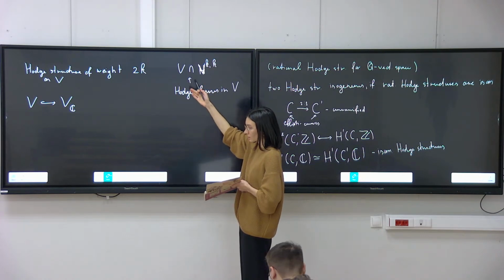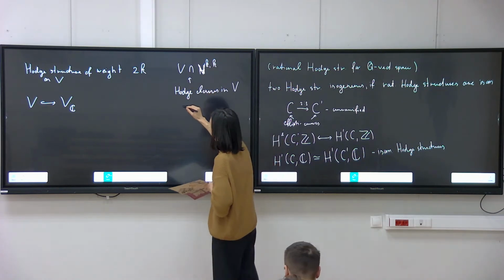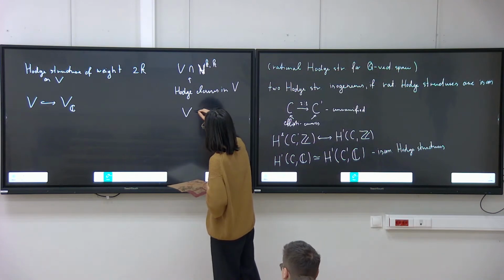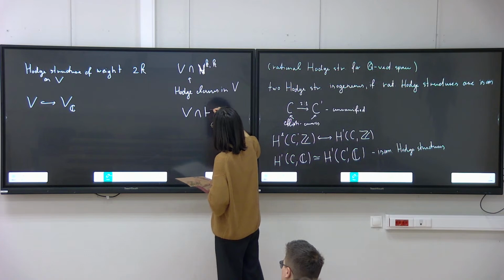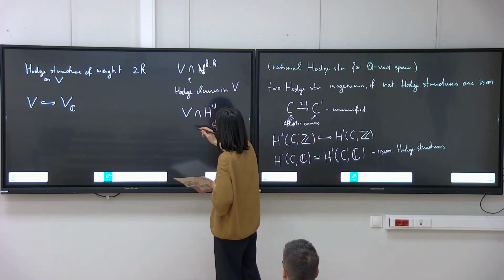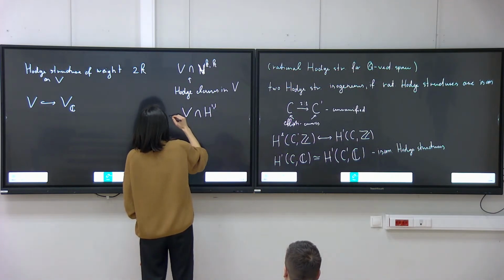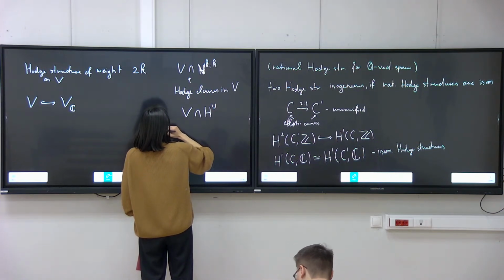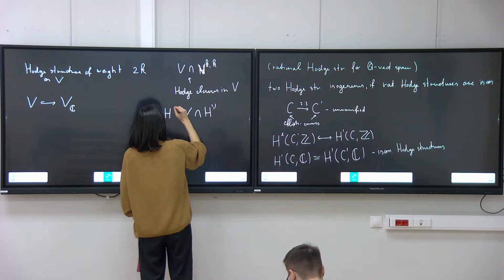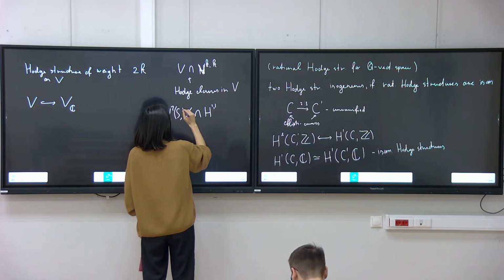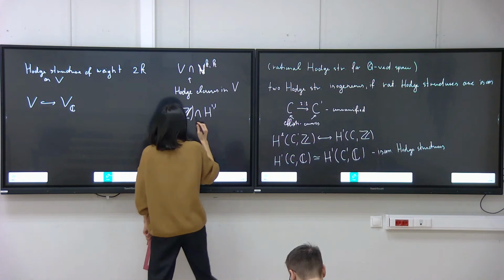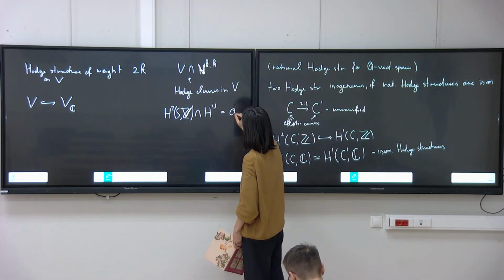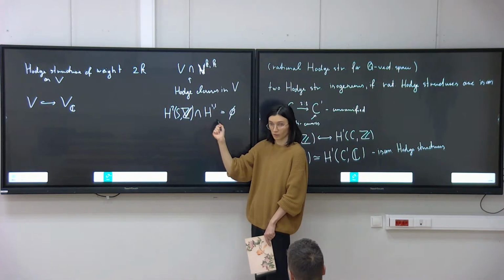We already discussed that for a complex K3 surface, the intersection of H^2 with integral cohomology and with 1,1 cohomology can be empty for a non-projective K3 surface, right?